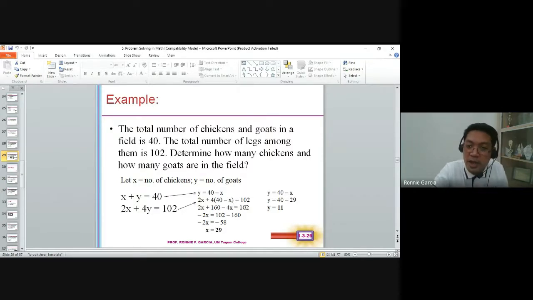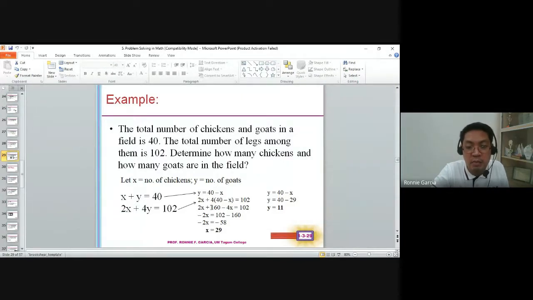Aha ang pwede makombine diri. 2x minus 4x. What is 2x minus 4x? Or 2 plus negative 4. Negative 2x. Very good. So negative 2x na nabilin. Kaning 160, wala siya makombine diri sa x kay constant man siya.